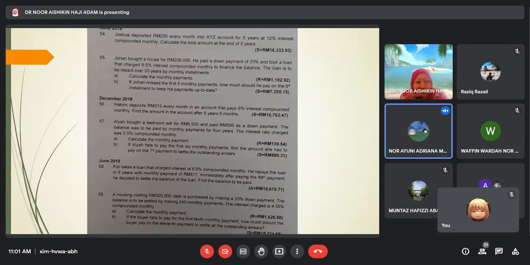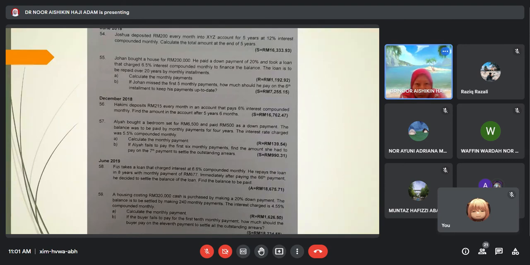Doktor. Yang soalan ni kan saya tak dapat 61. Okay, semua ni R, tak ada compound interest kan?